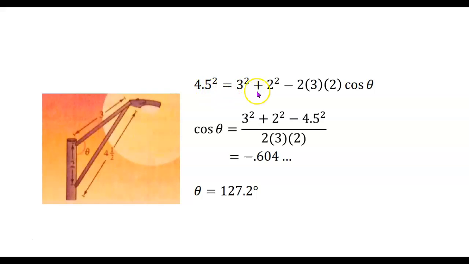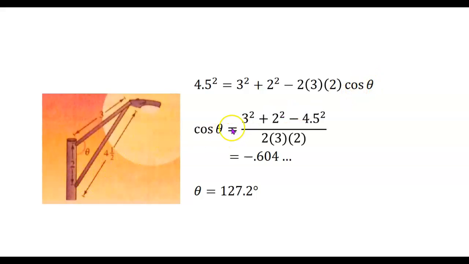So putting the 3 sides that we know into the formula for the Law of Cosines, making sure that the special side, the side that is on one side by itself, or the side that's subtracted rather than added, is the side that is opposite the angle that we're looking for. Like if this is angle A, then side A would be the one that's 4.5.